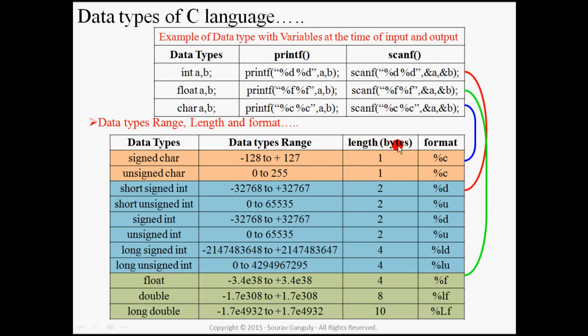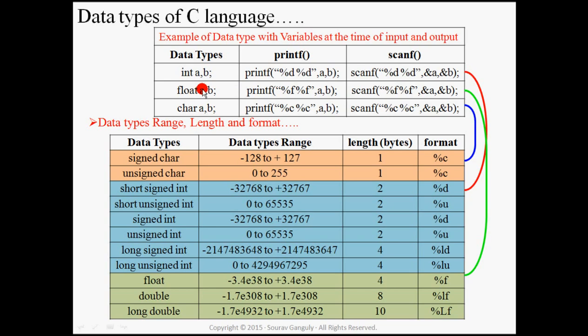The length is 1 byte or 8 bit and the format is %c. This is unsigned character. That means it will take 0 to 255 range value. This is signed character. Character ab is a signed character.